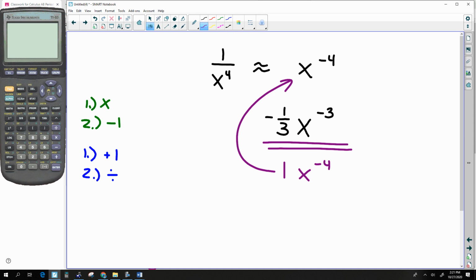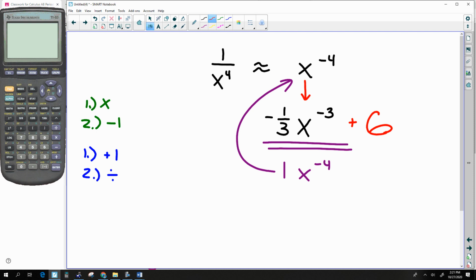Now, the last piece of equipment I have to talk to you about is that when I take an antiderivative, like I did right here, you have to add a generic constant. It's plus c. This c can be literally any number that you want to make things work. For instance, this number could be 6.